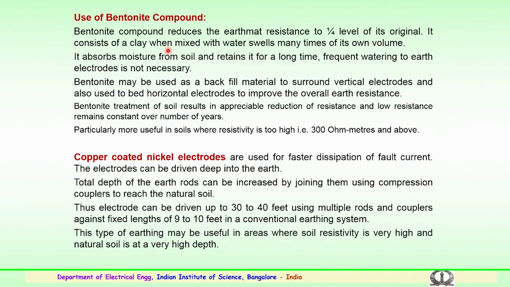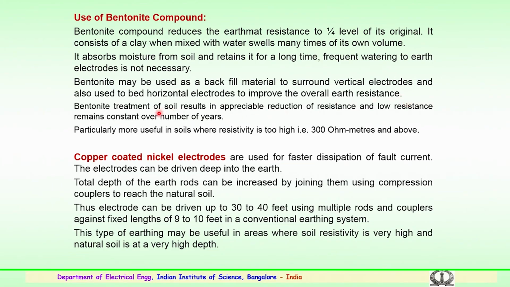An important property is that it absorbs moisture from the soil and retains it for a very long period of time. So frequent watering of the earth electrode may not be necessary, which is one more advantage. Bentonite may be used as a backfill material to surround the vertical electrodes and also to bed horizontal electrodes to improve the overall earth resistance.